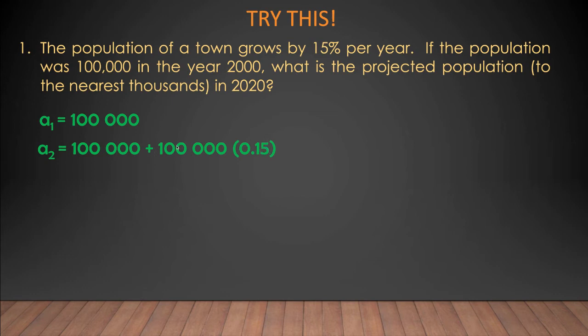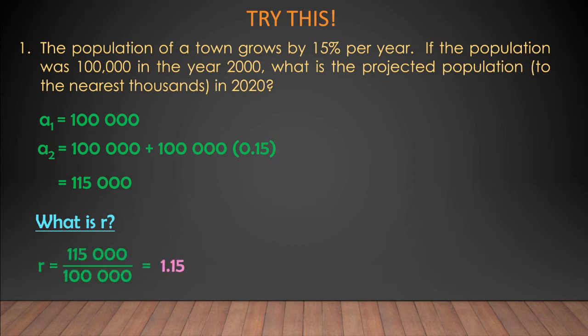So on the next year, which is represented by A sub 2, there will be a 15% increase in the population. And A sub 2 will therefore be equal to 115,000. Now, what is the common ratio here? The common ratio will be equal to 115,000 over 100,000, which is equal to 1.15.